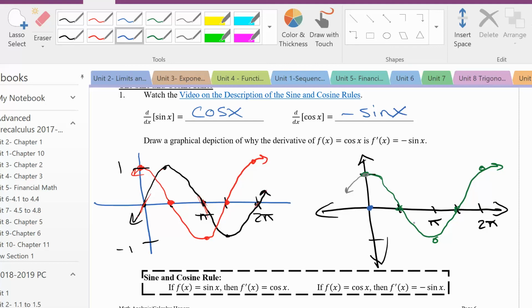Then notice it's going down, so the slope's -1. Turning point, slope is 0. Up, so it's +1. And then it's a turning point here, so 0. So notice the graph of the derivative is the opposite of the sine, because the sine would go up and then down. So that's how those derivatives get to be.